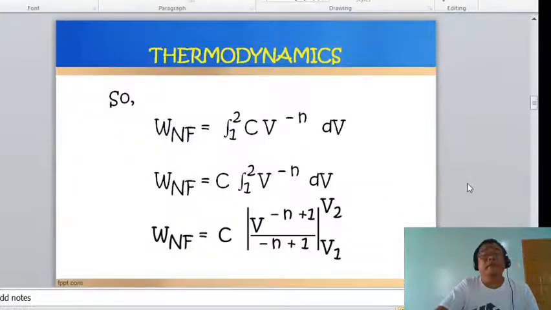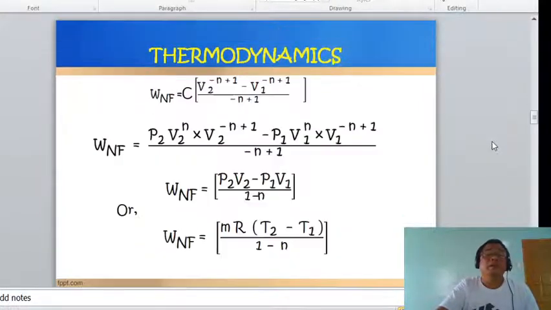Substituting the constant, work non-flow is equal to C V raised to negative n plus 1 over negative n plus 1, with limits from V sub 1 to V sub 2.